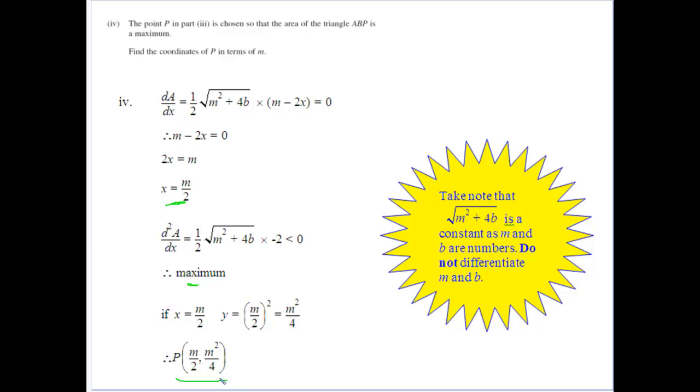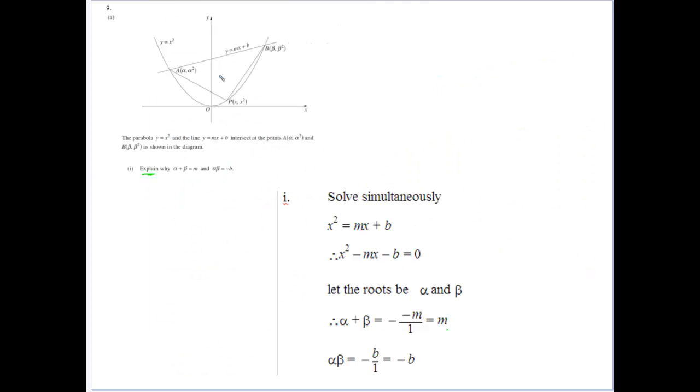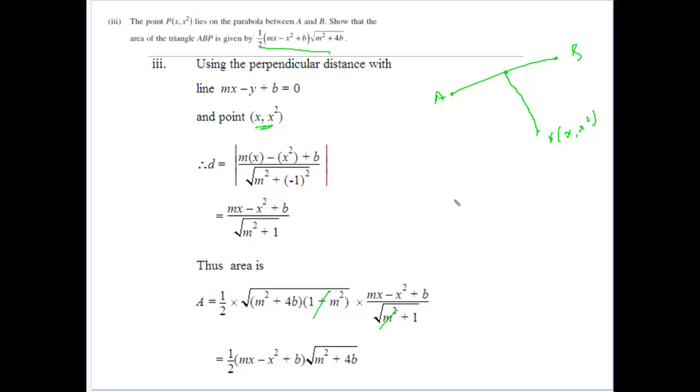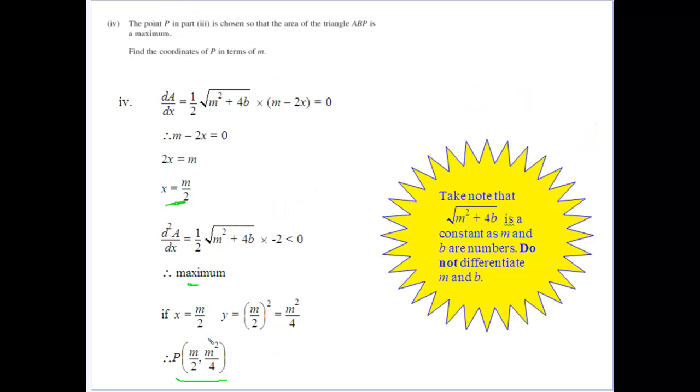That's a hard question. That's not pretty at all. And you can see we bring in the work from the quadratic polynomial and the distance formula, so coordinate geometry, and then more coordinate geometry, and then the area, so working out areas, so some geometry, and then we have a maximum or minimum.